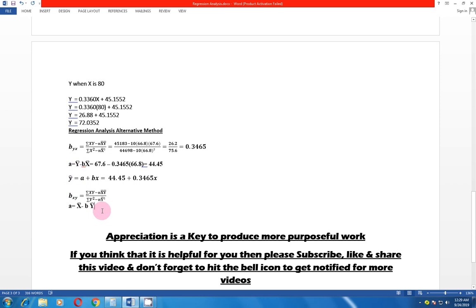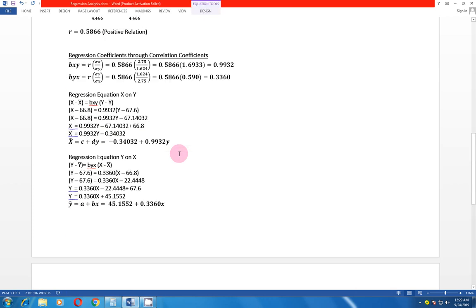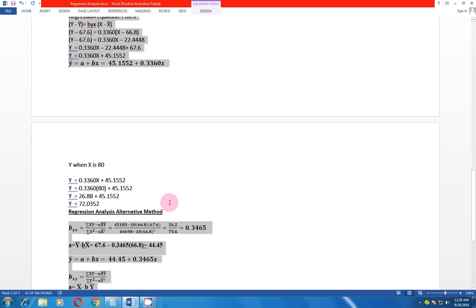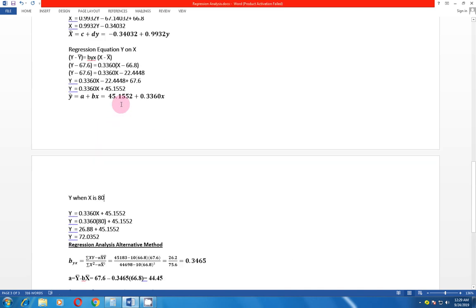Here you can use this other formula, but as I said earlier, normally the y variable depends on the x variable. So the normal case is discussed here.